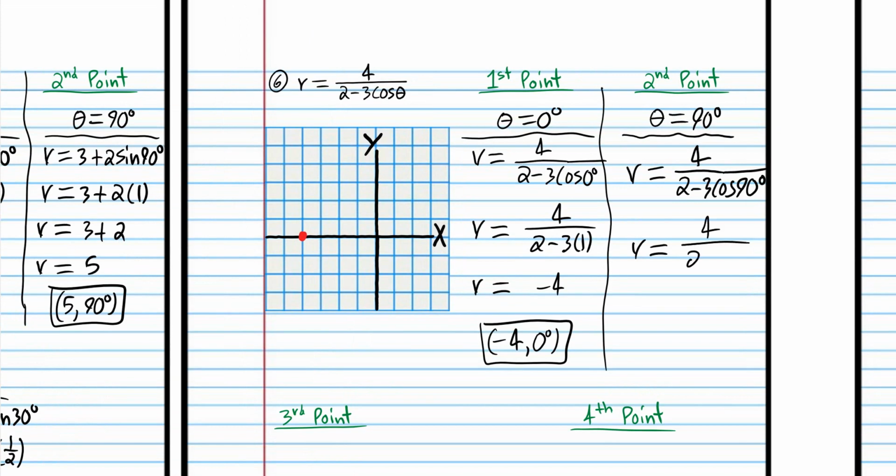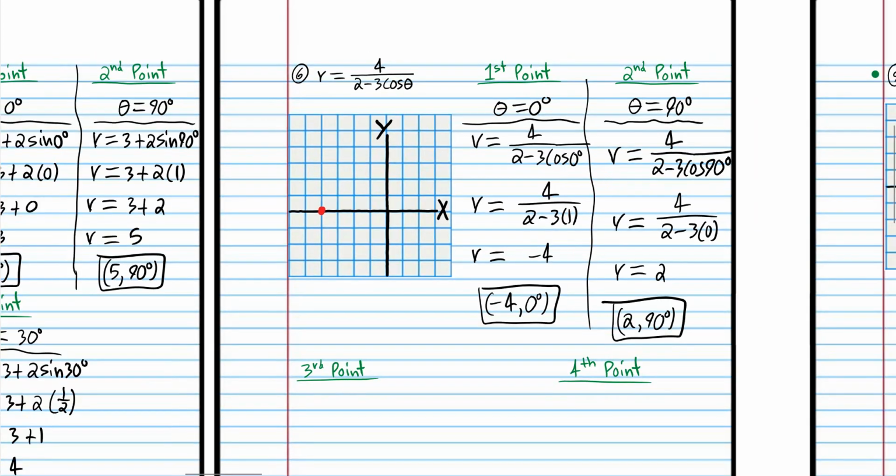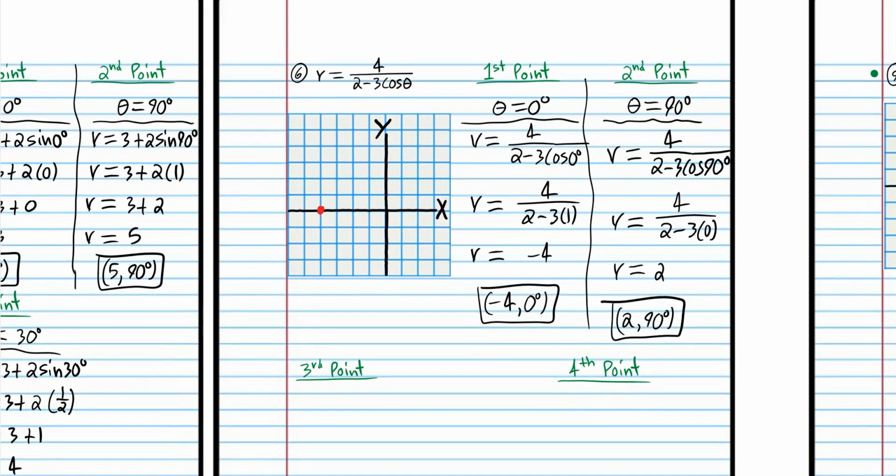So that's 4 over 2 minus 3 times 0, which means that r is 2, and the point we're looking for is 2 comma 90 degrees. So we're going to count 2 units to the right and then rotate 90 degrees, and we get that point there.